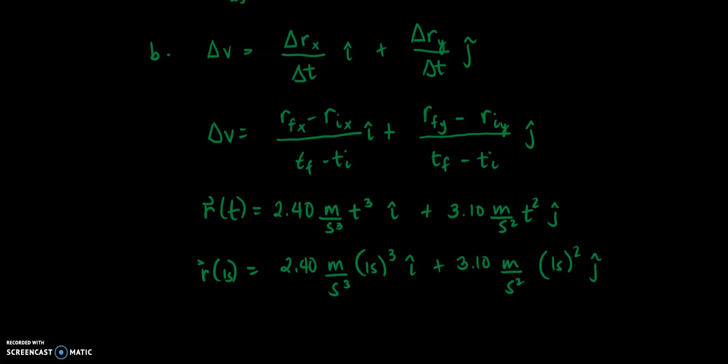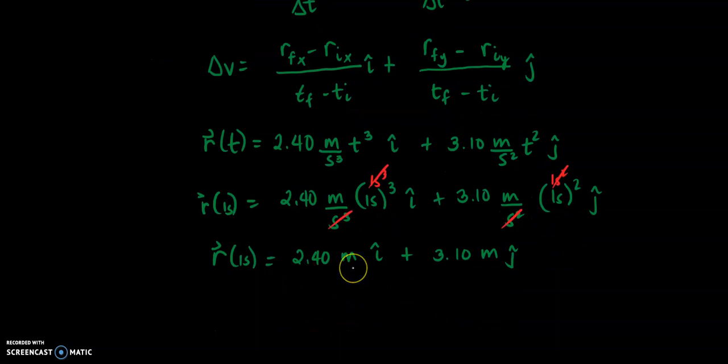So to evaluate this at 1 second, this is 2.40 meters i hat plus 3.10 meters j hat, because we cancel out the units: 1 second cubed is 1 second cubed, so we cancel out the second cubed, and 1 second squared is 1 second squared, so we cancel out the second squared. So this is the initial position when time is 1.